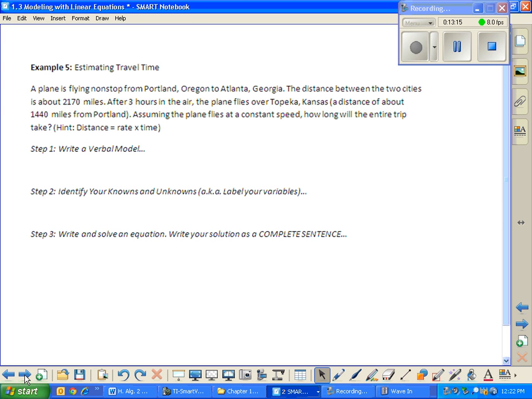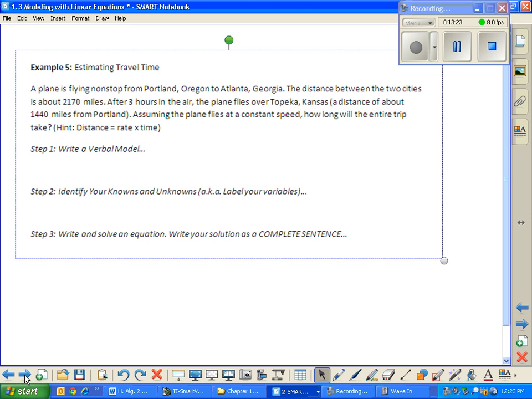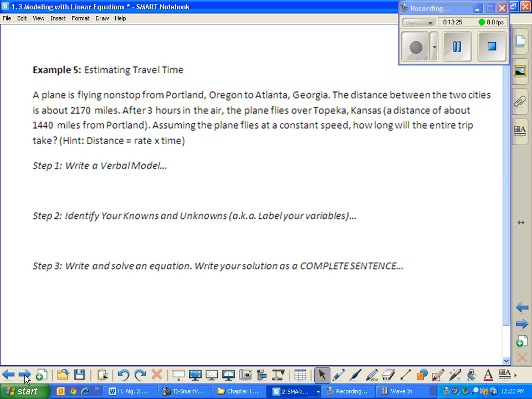We know that the distance is going to equal the rate times the time. So there's a bunch of things that I'm going to go ahead and write about in this problem with regards to information that they give you. For instance, we know that the total distance for the trip is 2,170 miles.